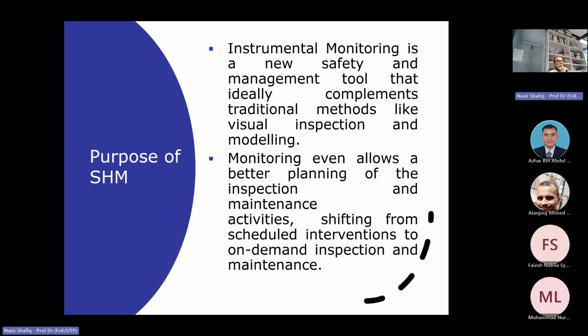But these sensors are permanently installed, right? And transmitting the data. Monitoring even allows better planning of the inspection and maintenance. So you can only go to the physical inspection and testing when your sensors are pinpointing a critical condition.